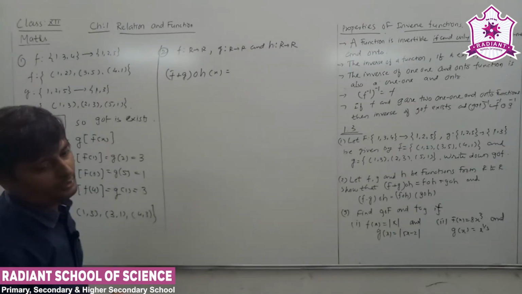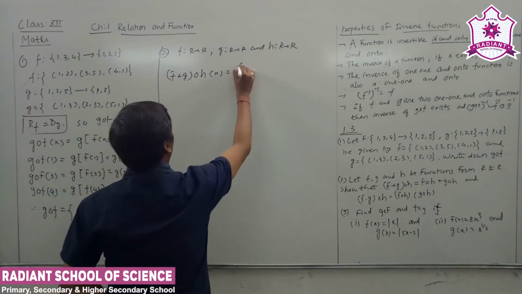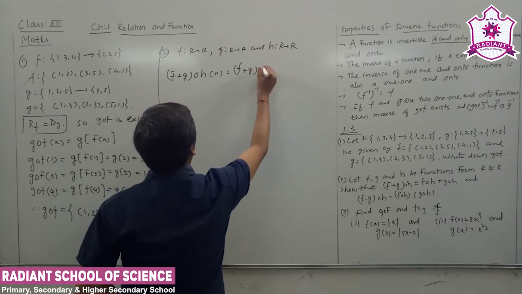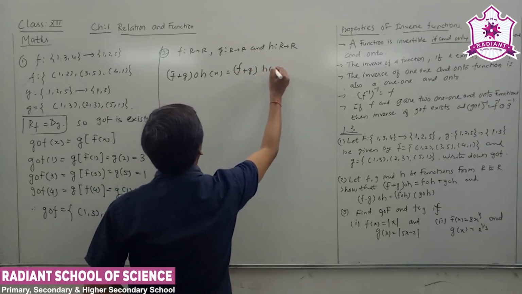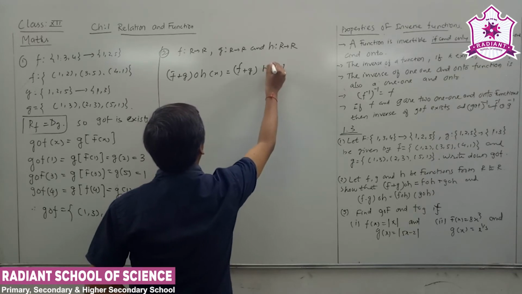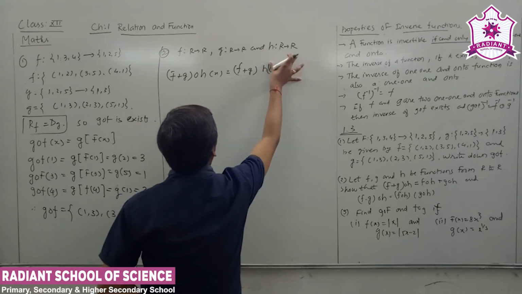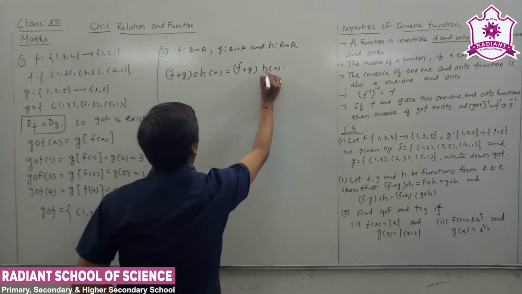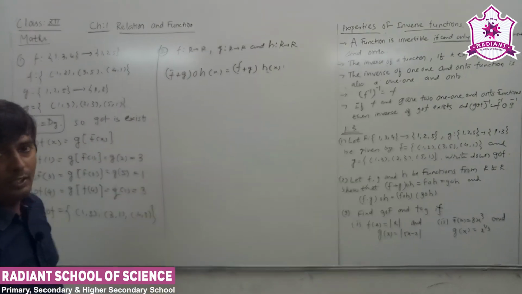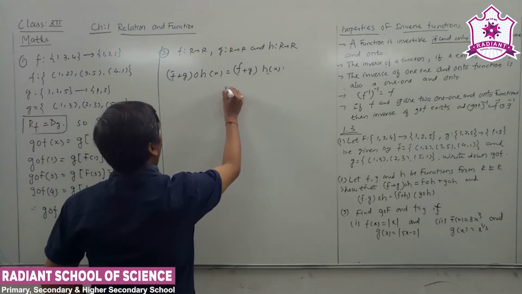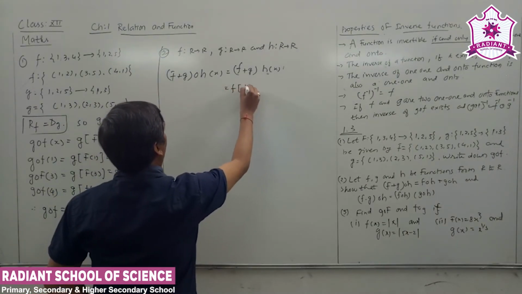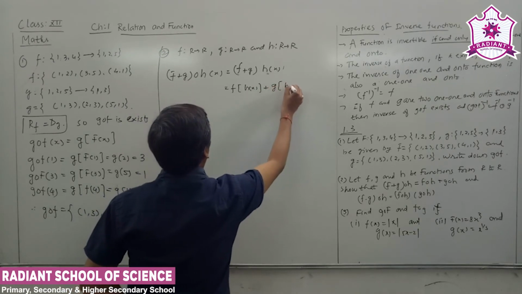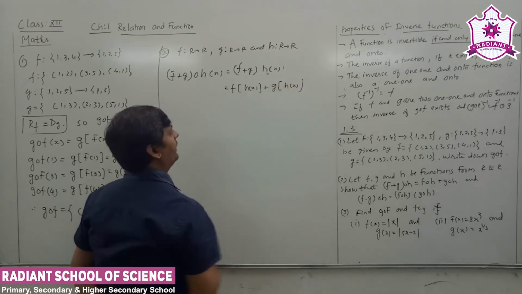Okay, so given that f plus g of h of x, right, normally h of x, no problems. Now simplify this, so therefore f from h of x plus g from h of x, right?